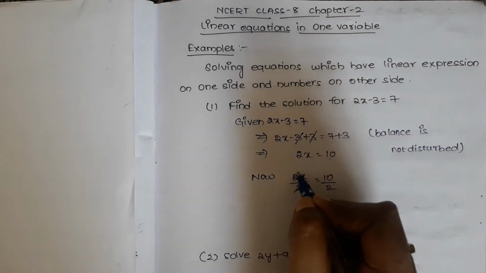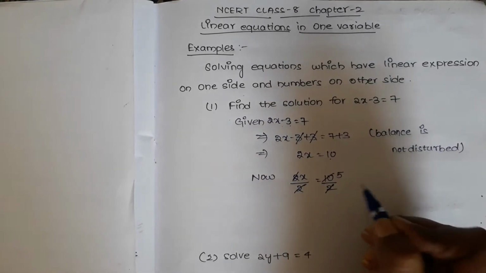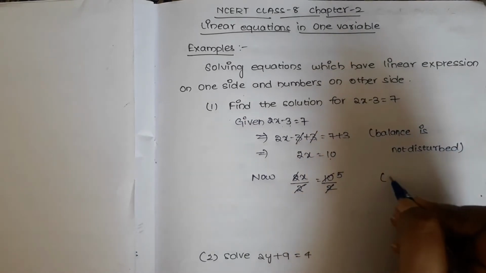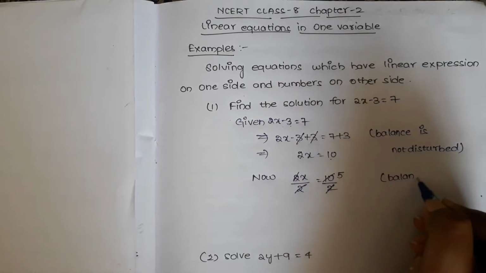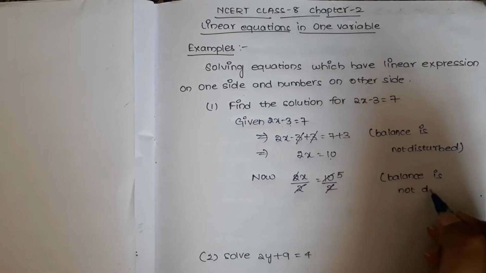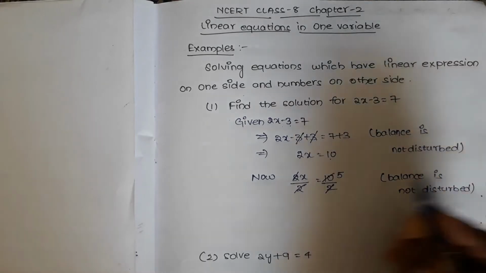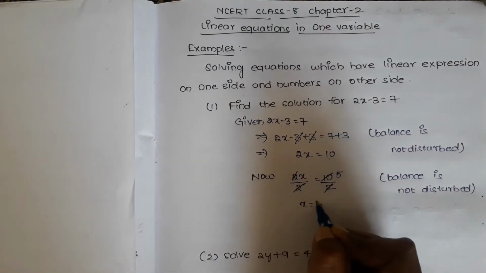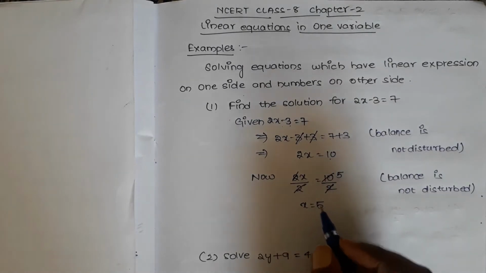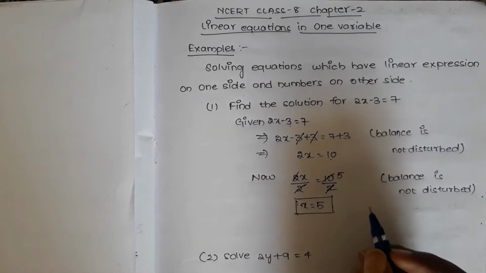In this, 2 and 2 get cancelled and 10 by 2 is 5, that is 2 into 5 equals 10, and here also the balance is not disturbed. And now we find the x value, that is x equals 5. In this way we have to solve the given equation.